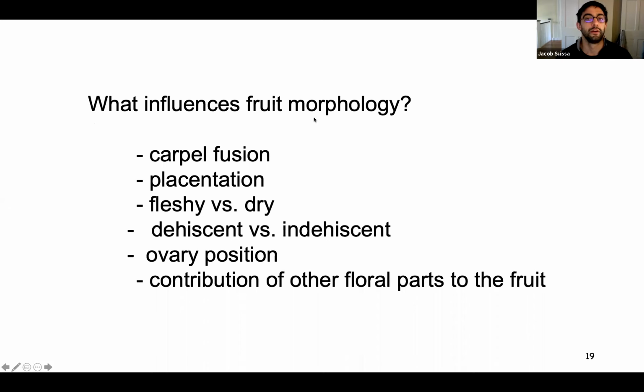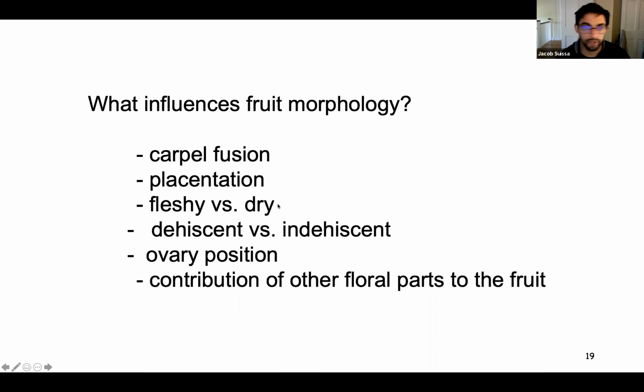So there is a tremendous amount of fruit morphology, just as there is in floral morphology. And there are many things that affect or influence fruit morphology. These include carpel fusion, placentation, which is the placement of the ovules in the carpels, and we'll get into that.